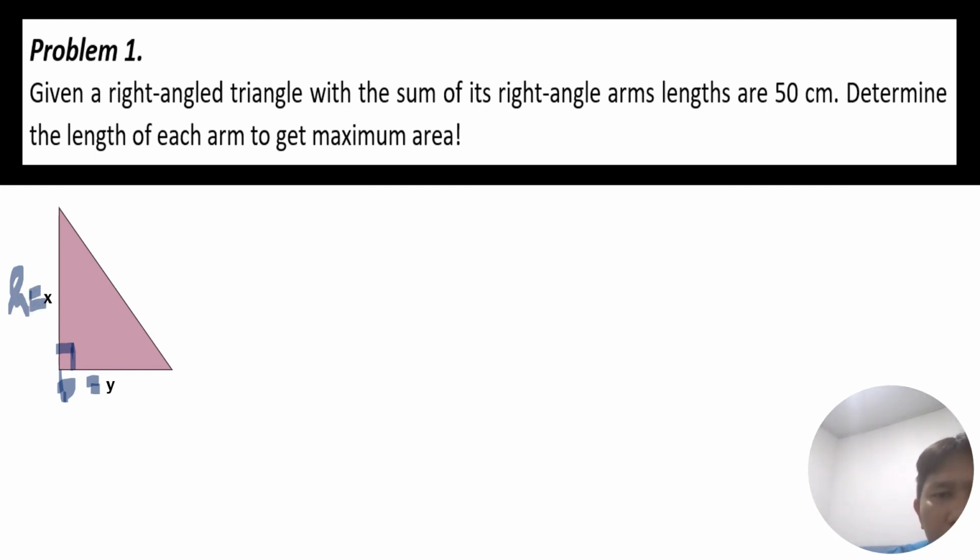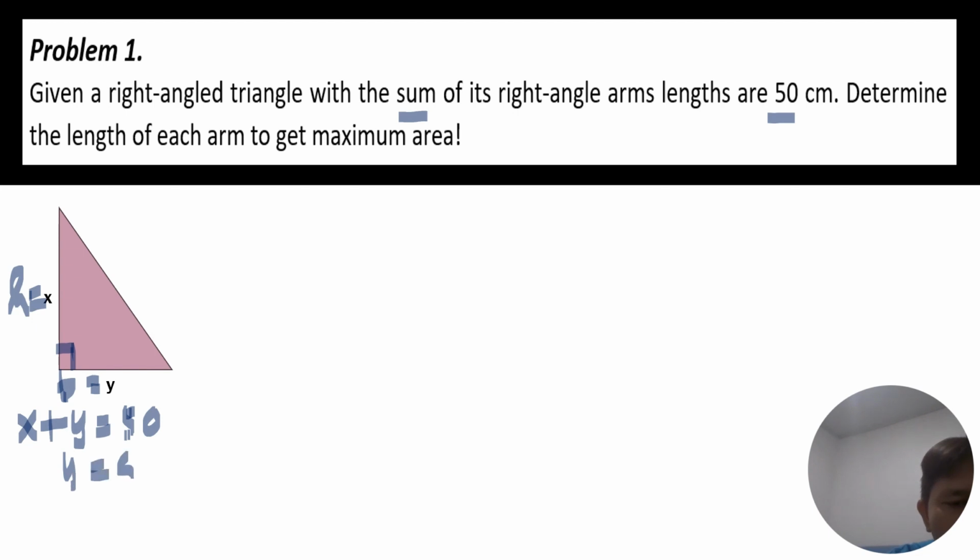So according to the given information that the sum of its right angle arms equals 50 centimeters, we can write it as x plus y equals 50. Then here we have y equals 50 minus x.